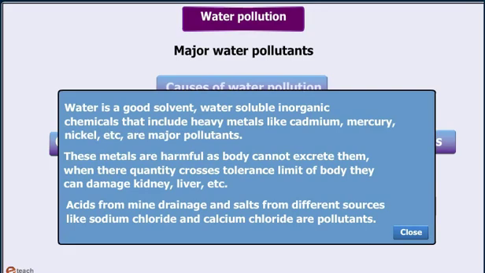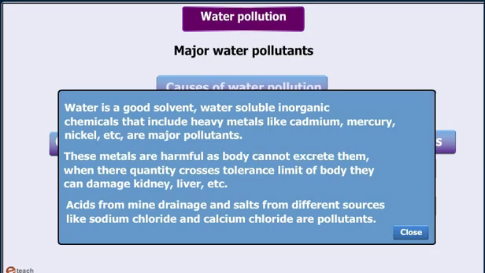Chemical pollutants. Water is a good solvent. Water-soluble inorganic chemicals that include heavy metals like cadmium, mercury, nickel, etc. are major pollutants. These metals are harmful as the body cannot excrete them.